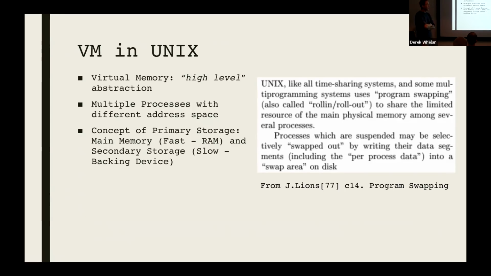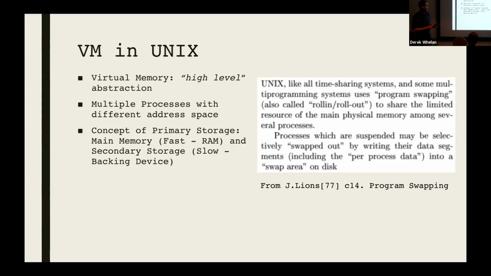So basically you have a few processes. The processes have some contiguous memory called segments. And the kernel was able to write the memory to the backing device and bring back the new process. So every time we were doing scheduling, because the memory was so limited, we basically needed to write the whole process to the backing device and bring back the new process from the swap device.